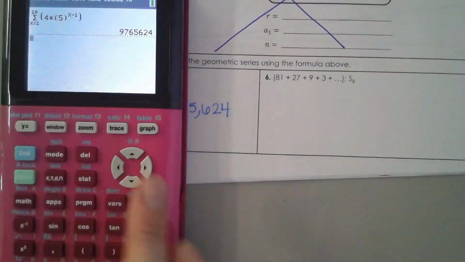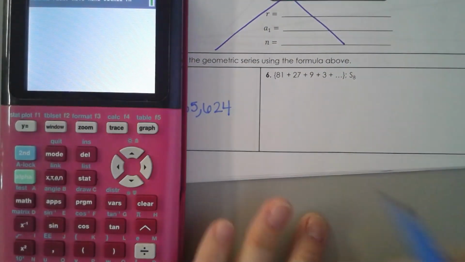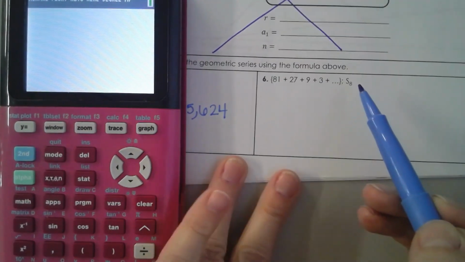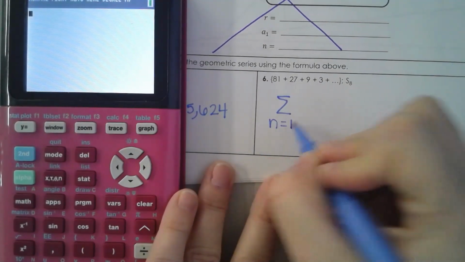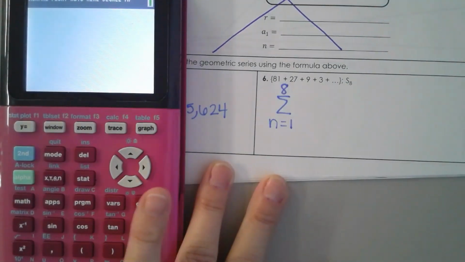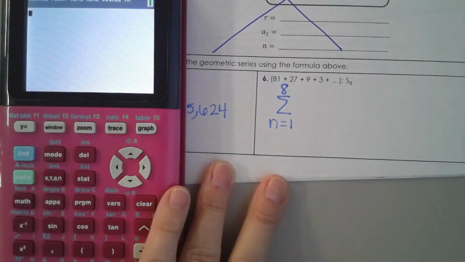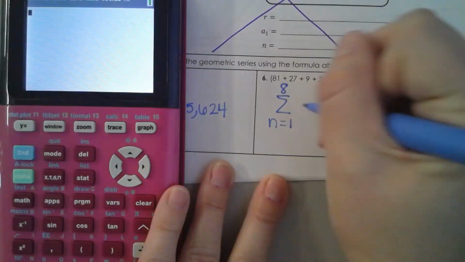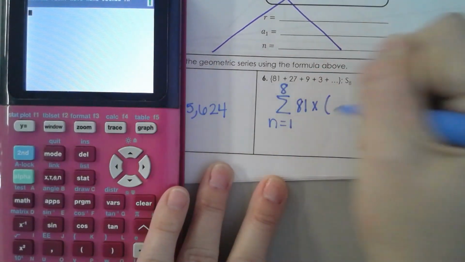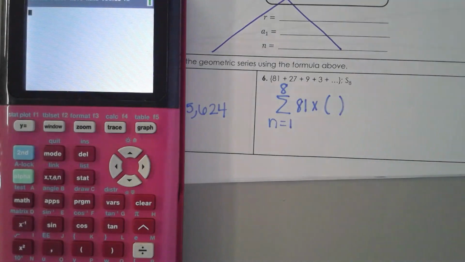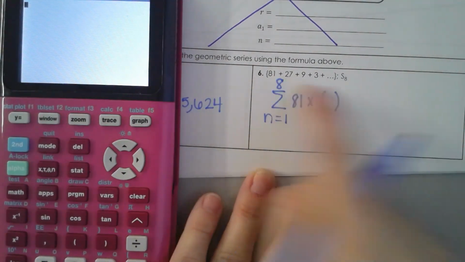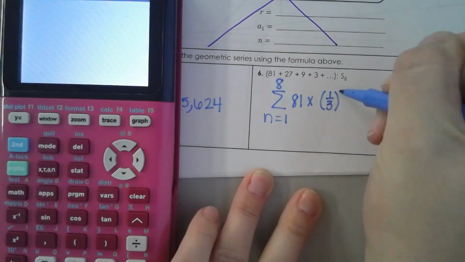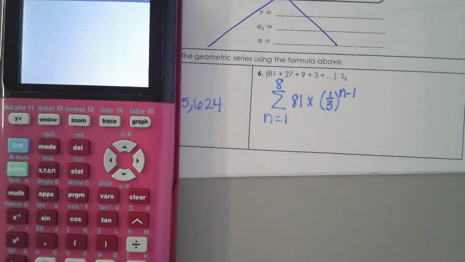All right, number 6. It says S8, so we're finding the sum of the first 8. So n equals 1 to 8. What's the first term? 81. What's the ratio? It is 1 over 3 because you're dividing by 3 to the n minus 1 power.